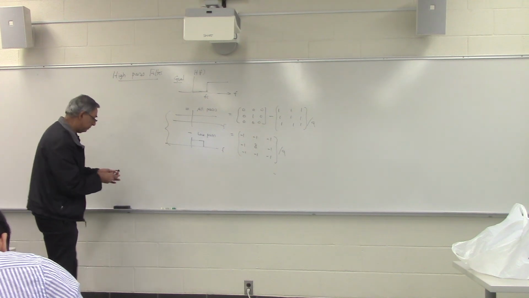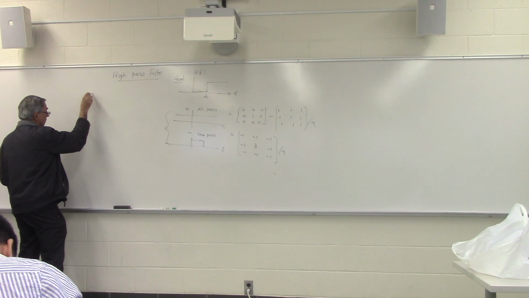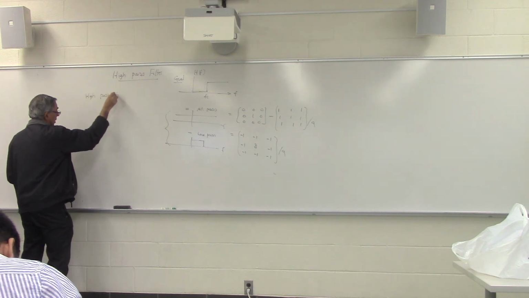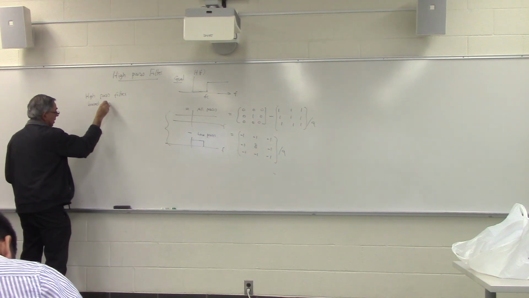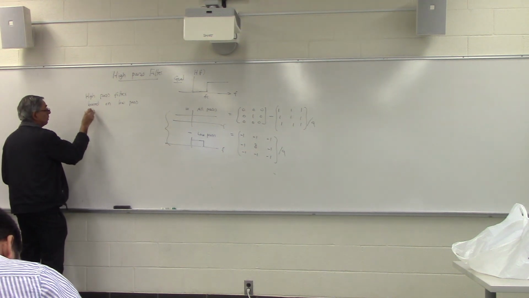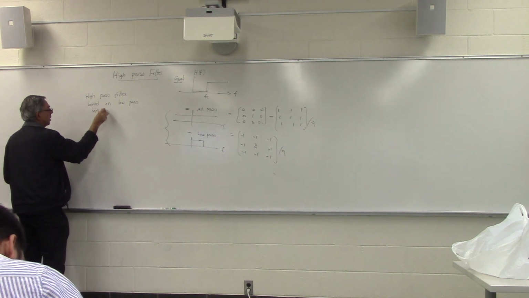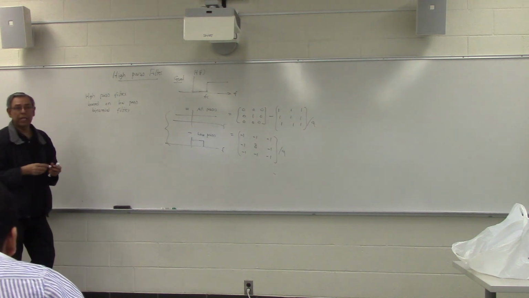So what if I gave you a 3 by 3? Let's create a high-pass filter based on the low-pass binomial filter. What will be the kernel for that?